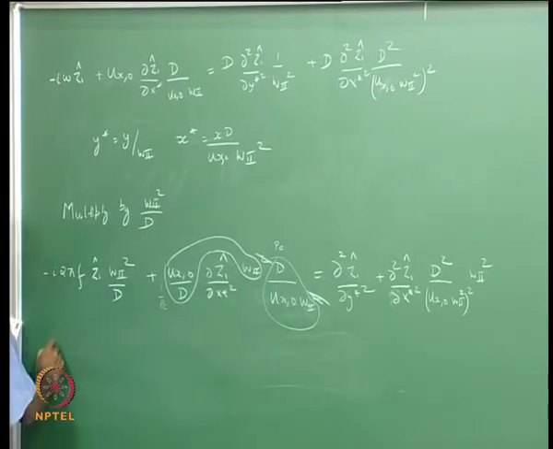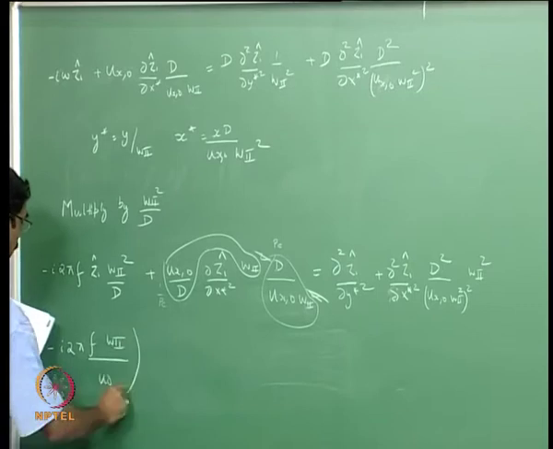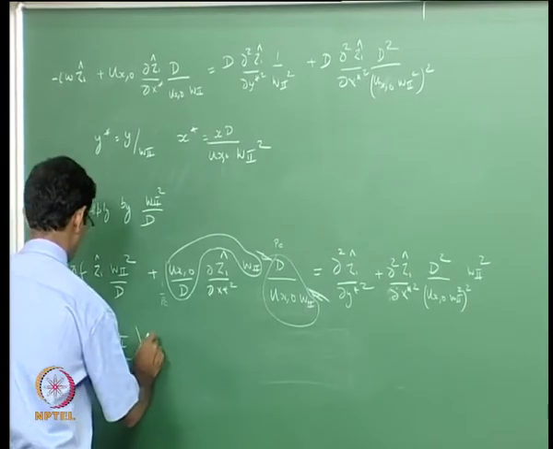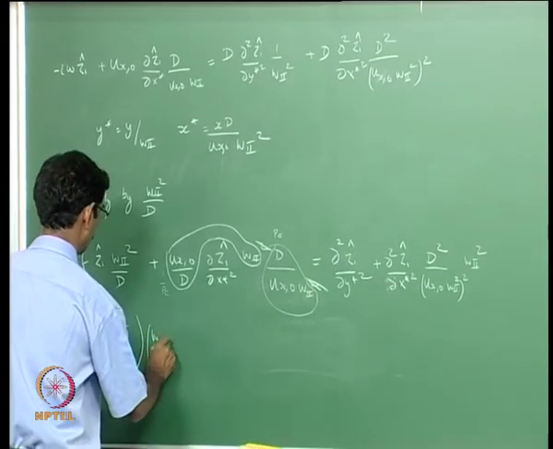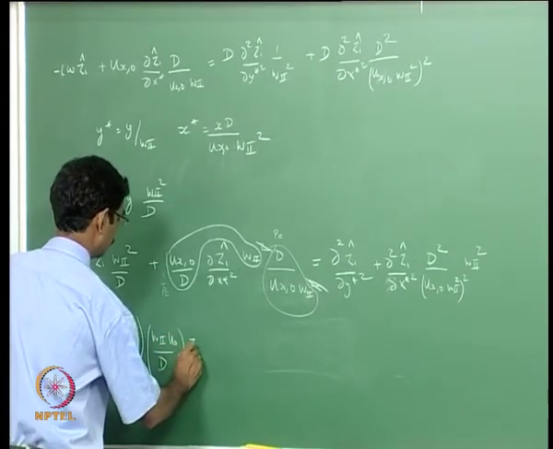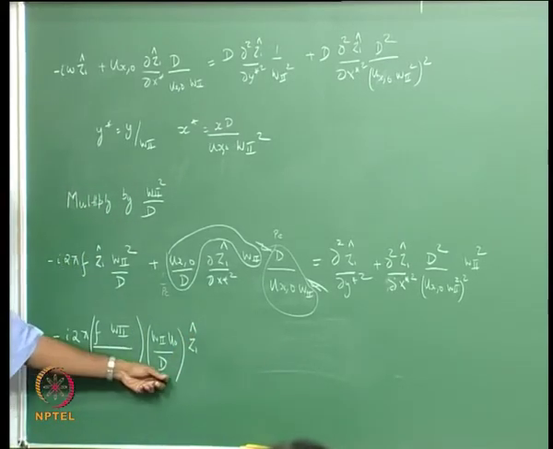and so let's write this. So I am multiplying and dividing by u naught. So this is Strouhal number and this is Peclet number.